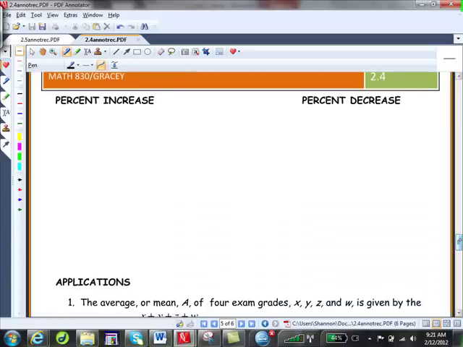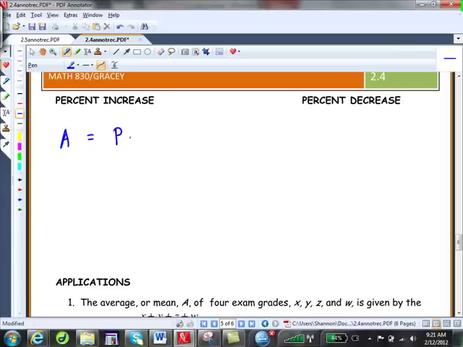Moving right along. Now again, the author gives you a specific formula for percent increase and percent decrease. There's always some alternate sort of common sense ways one can move through in order to solve these things. So I'm going to be showing you a variety of ways.